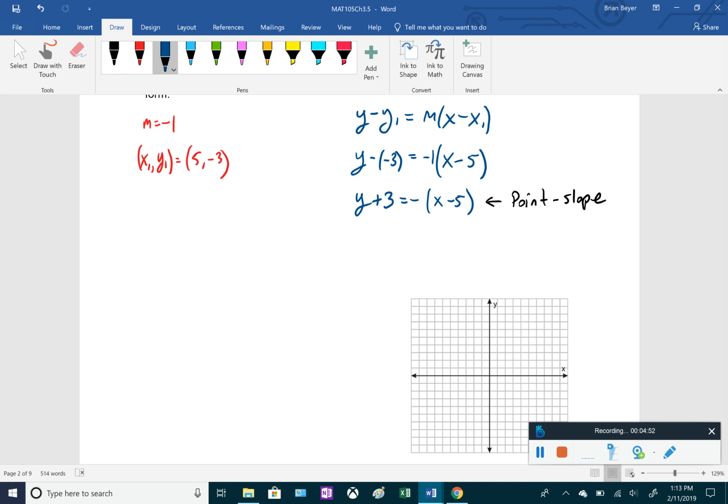And then solving this for y is going to be distribute the negative on the right, so we get negative x plus 5, and then subtract 3 on both sides, we get negative x plus 2. And this is going to be slope-intercept.